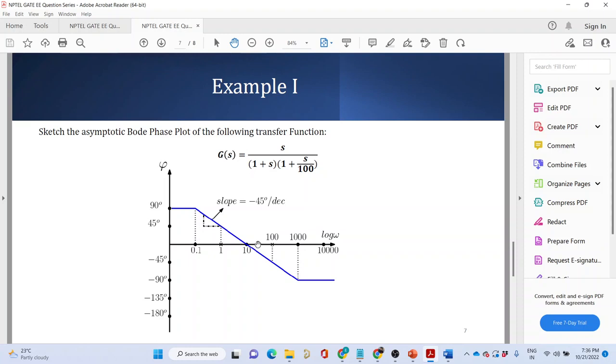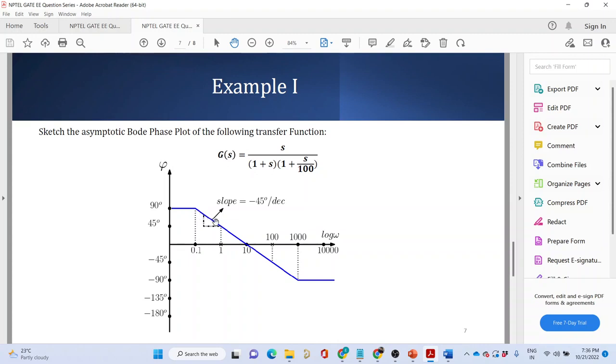The effect of the pole will start from what frequency? Mm, 2, and last till 200. Right. So 2 is lying somewhere over here, right? Yes. So the effect of the other pole that I've added will start from here.